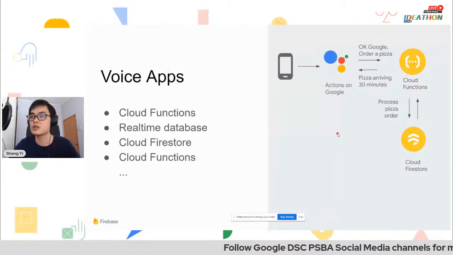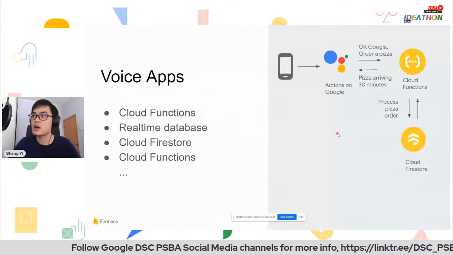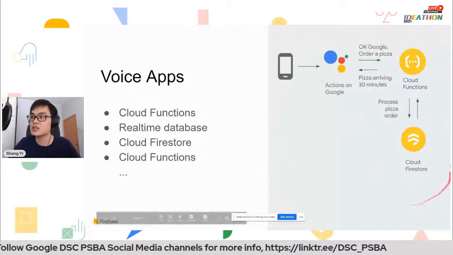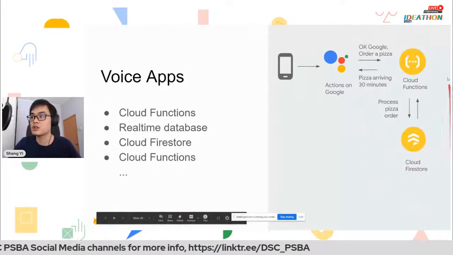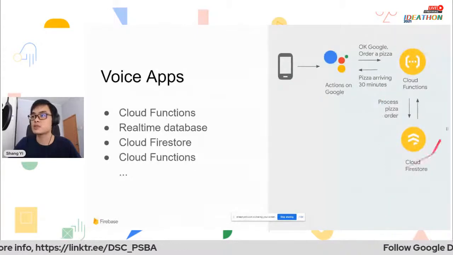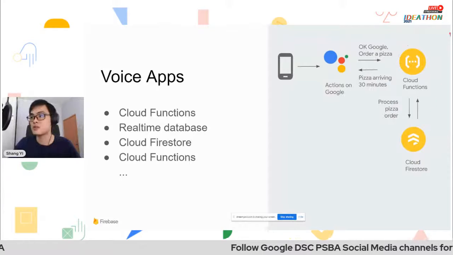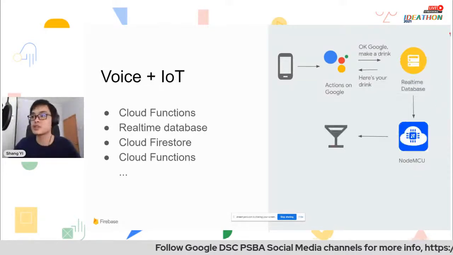This is one way you could use voice apps with Firebase. Of course, you could build this entire structure on your own, but why spend so much time getting infrastructure up when you can easily use Firebase with all of the infrastructure already built in for you?